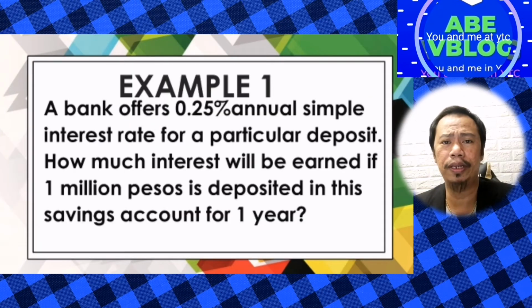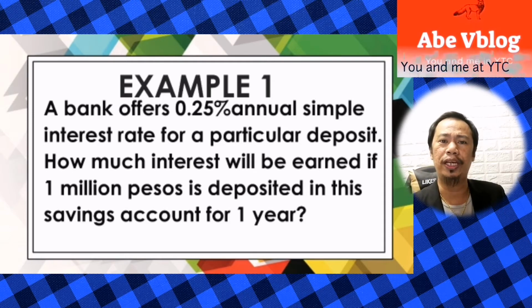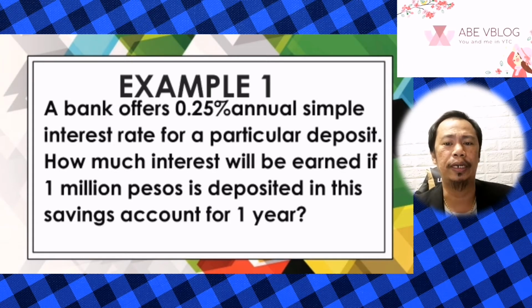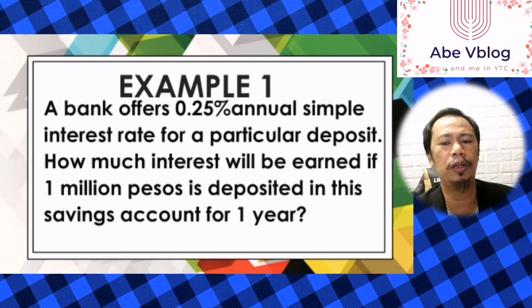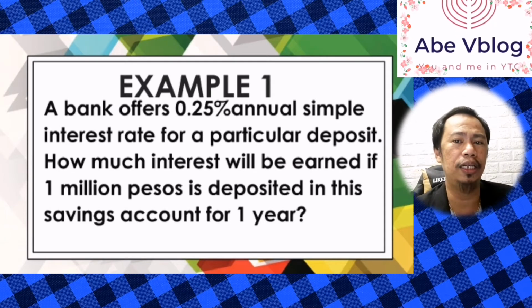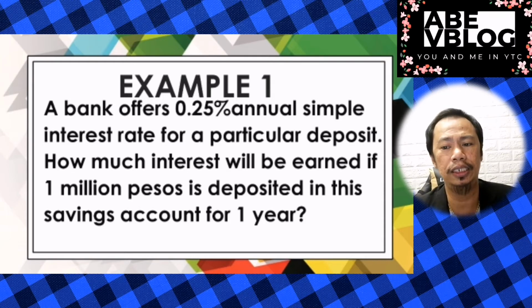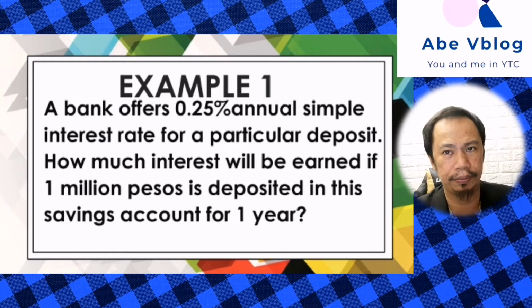Let's have example number 1. A bank offers 0.25% annual simple interest rate for a particular deposit. How much interest will be earned if 1 million pesos is deposited in this savings account for 1 year?